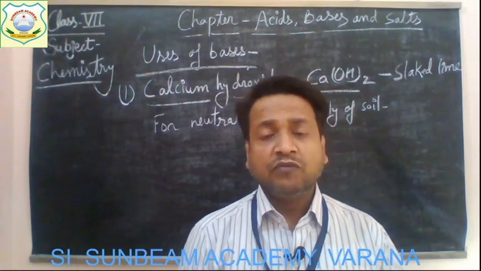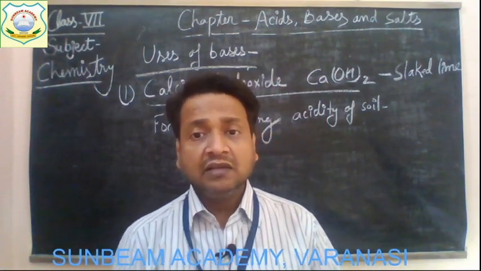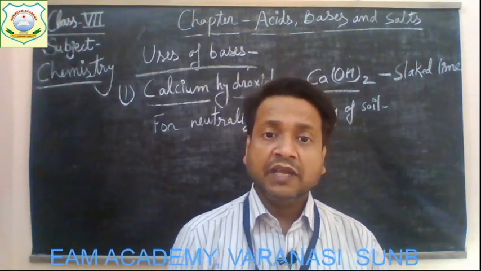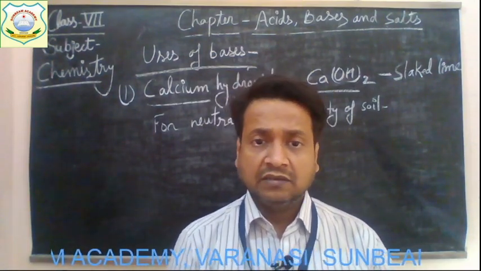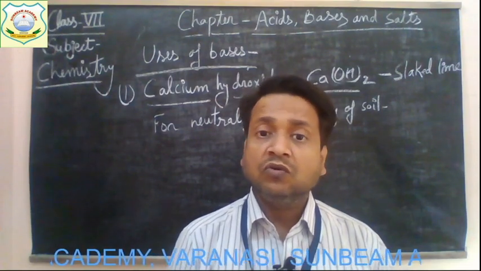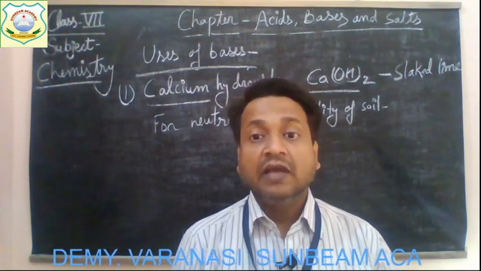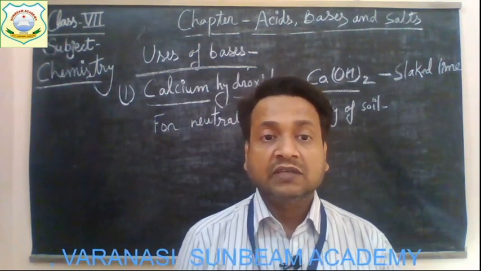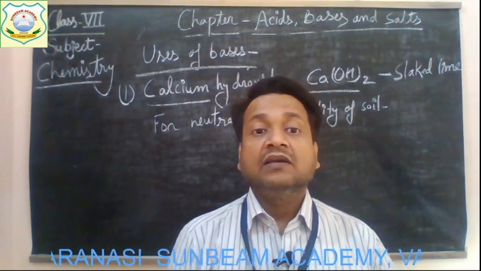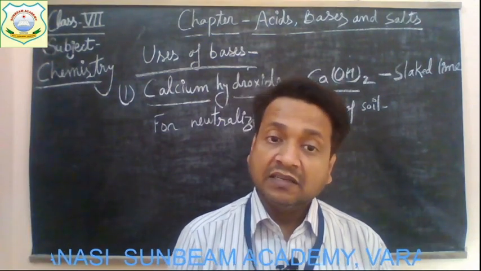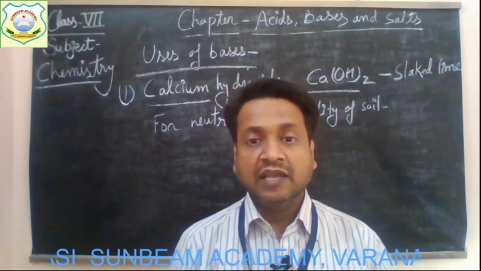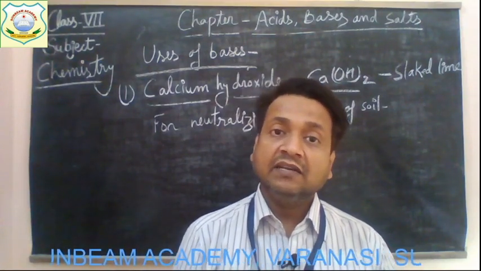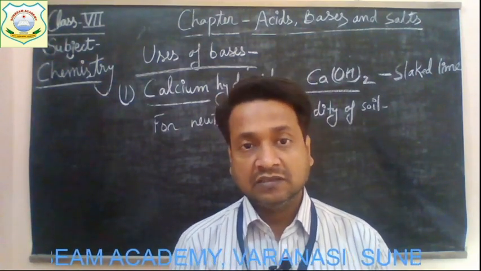When more fertilizers are used in the fields by farmers, the nature of the soil changes and it becomes acidic. And plants do not grow well in acidic soil. So that is why quicklime or calcium oxide or slaked lime, that is calcium hydroxide, is added to the soil for neutralizing the acid which is present in it.